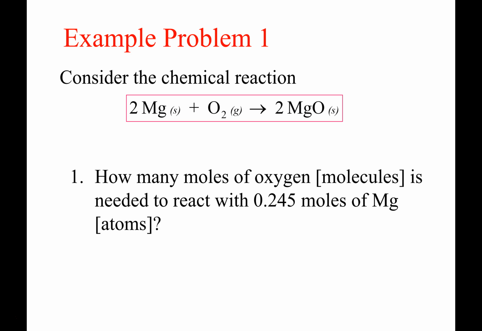It's just a habit I've gotten into, and I think it helps. So in this case, it says how many moles of O2, so question mark moles of O2 is needed to react with 0.245 moles of Mg. So under Mg, I put 0.245 moles.